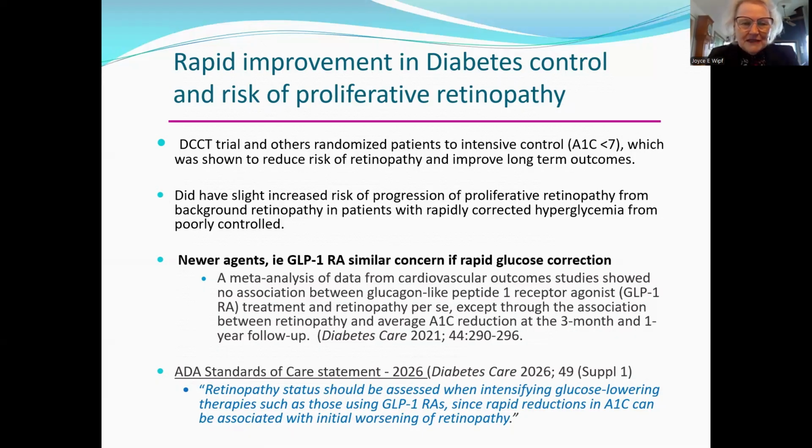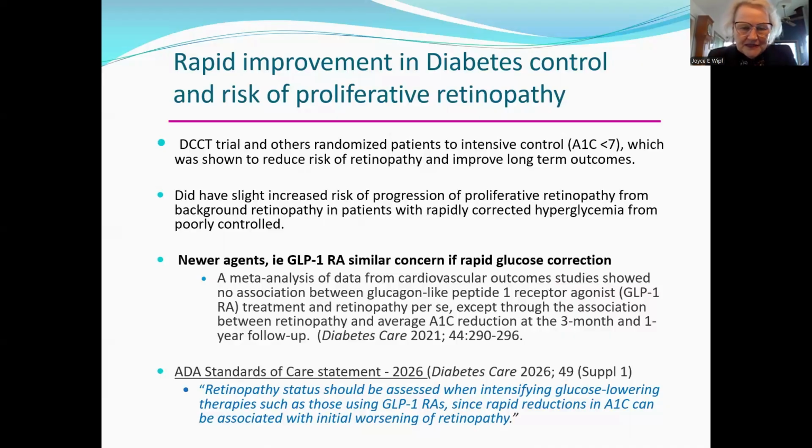However, there was a slight increased risk of progression of proliferative retinopathy from background retinopathy in patients with rapidly corrected hyperglycemia from poorly controlled. Back then, it was much more common for patients to enter treatment with A1Cs in the 10, 12 plus range, much less likely now.